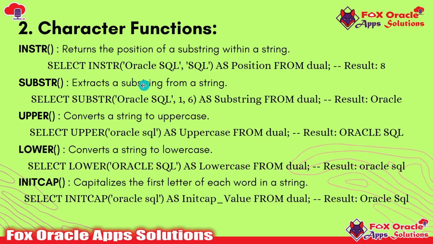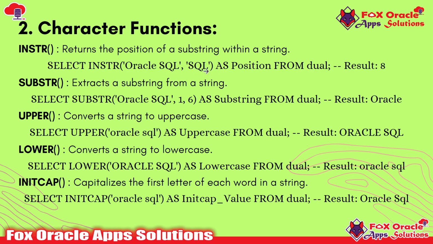So when we use INSTR, it requires two or more parameters. If we pass two parameters, the first will be our string value, and the second will be the value for which we have to find the position. For example, Oracle SQL is our string, and from this string we want to get the position of SQL.